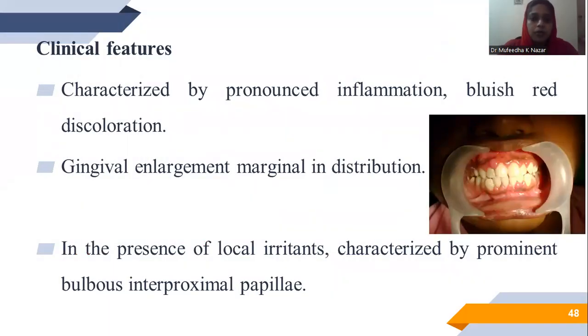Clinical features of puberty gingivitis: it is characterized by pronounced inflammation and bluish discoloration of the gingiva. This kind of gingival enlargement is marginal in distribution, and if any local irritants are present, it will be characterized by bulbous interproximal papillae.